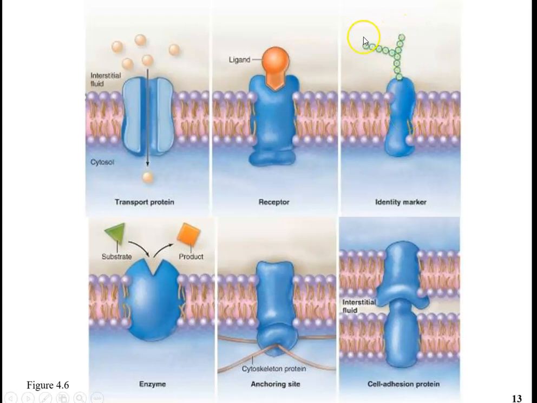This can tell other cells that this cell is part of the body, and it can also tell other cells that this cell is healthy or it needs to be destroyed. You have enzymes, which you've learned about in detail already. You have anchoring sites. This would be an example of an integral protein anchored to the cytoskeleton. And then we already mentioned cell adhesion protein, where one protein on one cell hooks into another protein on another cell.